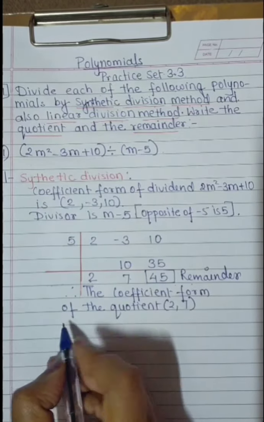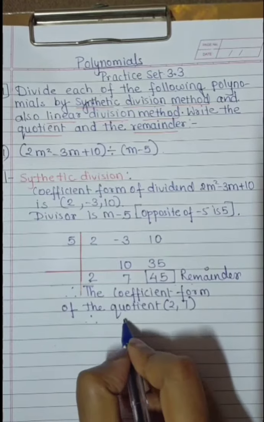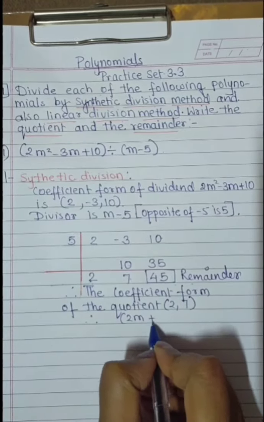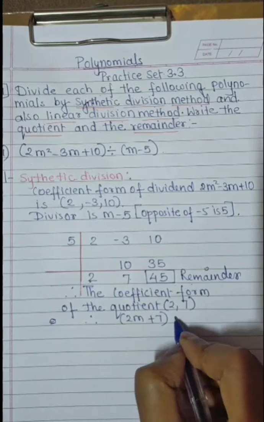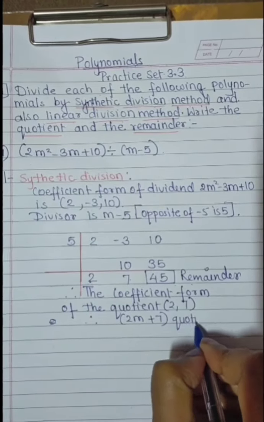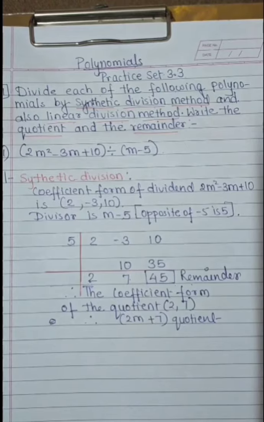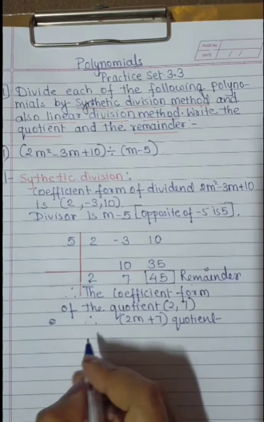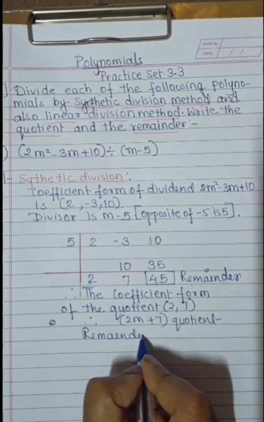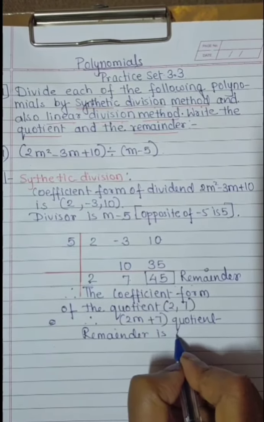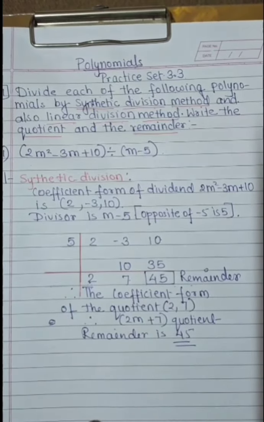That means 2m plus 7 is the quotient. I am writing here. And the remainder is 45.